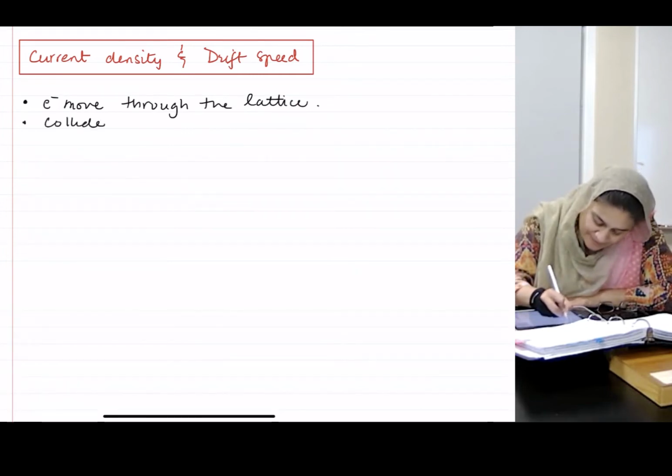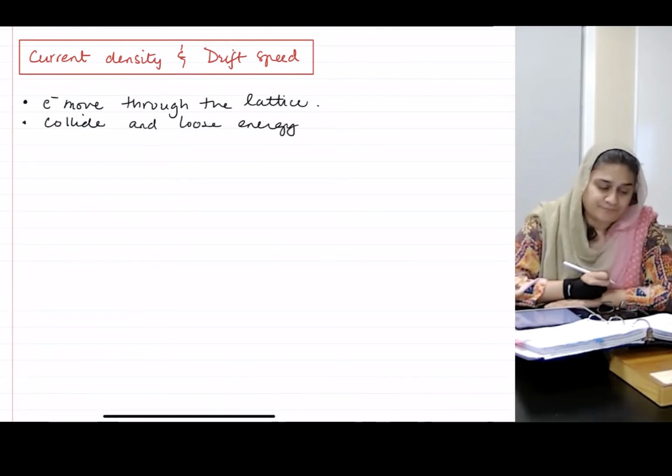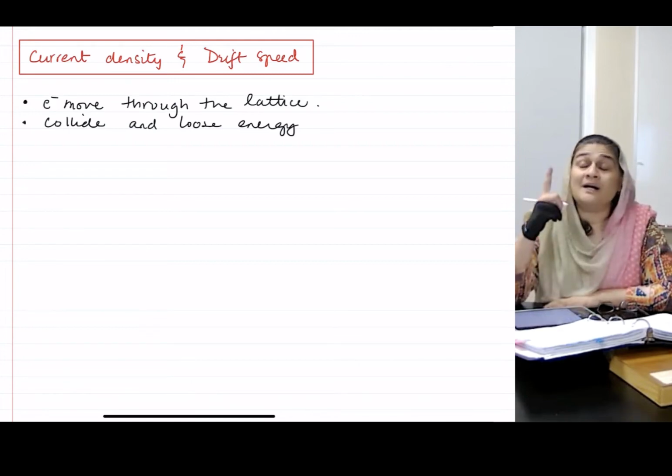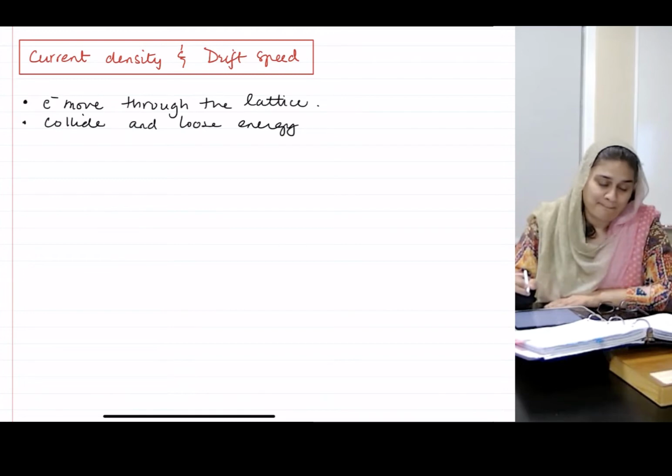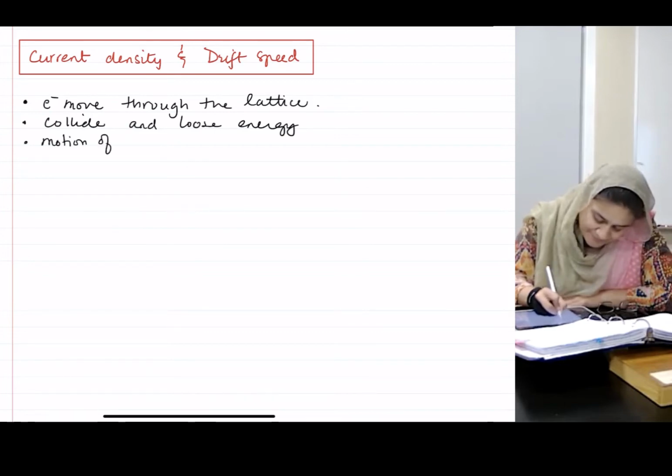So they collide and lose energy. So one single electron doesn't actually go far. It's very, very erratic. So the motion of one electron is very erratic.